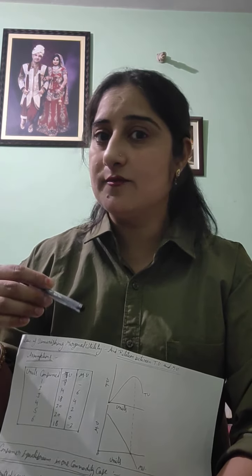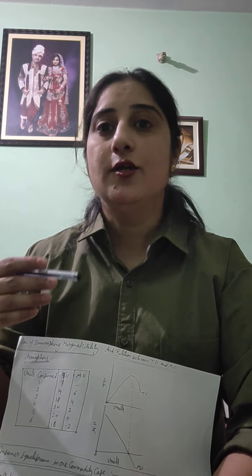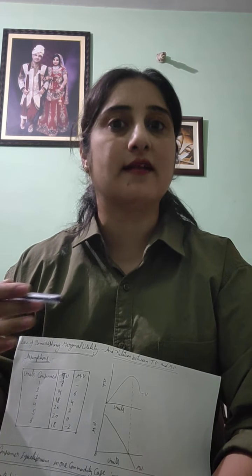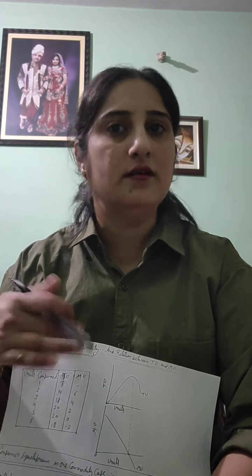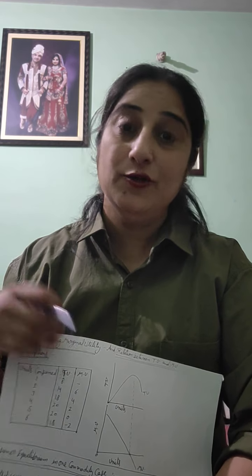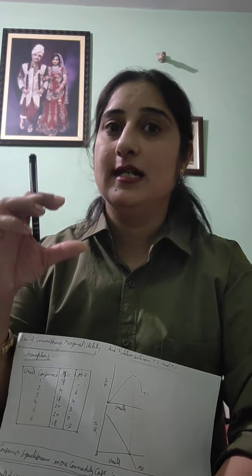And the third assumption is standard unit. You take the commodity in a standard unit, not like you take one bite of ice cream, then a second bite, then a third bite. It does not diminish the marginal utility. You take a standard unit like a full cup of ice cream, like a full softy of ice cream.